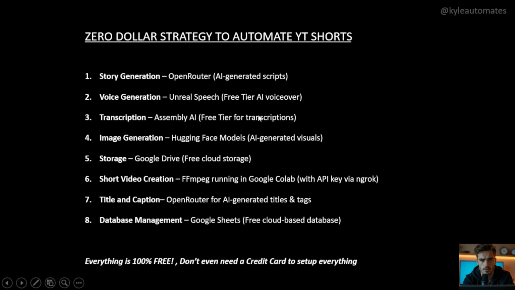Then we'll be generating the image using Hugging Face models. Then we'll be storing the generated things in Google Drive. Then short video creation using FFmpeg running in Google Colab, and we'll be getting an API key via ngrok. Then we generate the title and caption using OpenRouter AI models. Then we update the details in Google Sheets.